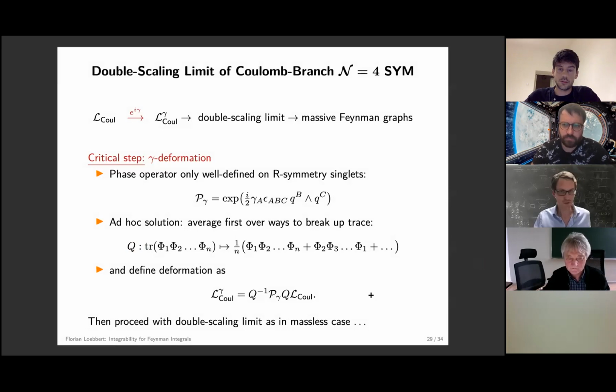We have to insert this operator Q here. The original gamma deformation would just be generated by this P gamma. Why symmetrize here? Because this P gamma is not well defined if you act on the traces in the Coulomb branch Lagrangian, since you need to act on symmetry singlets. Otherwise, it's not well defined. It's this bilocal operator, or bilocal phase, and this phase is only well defined if you act on a symmetry singlet. So we had to find a way to make it well defined.